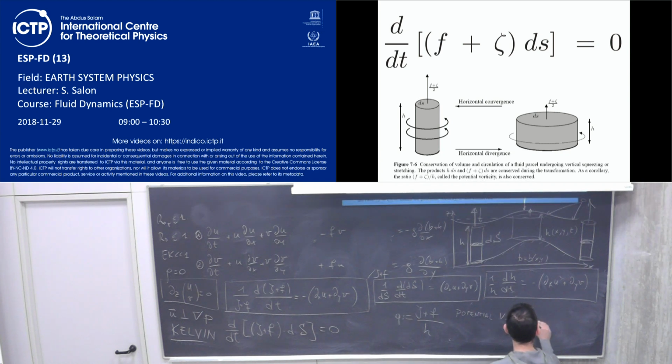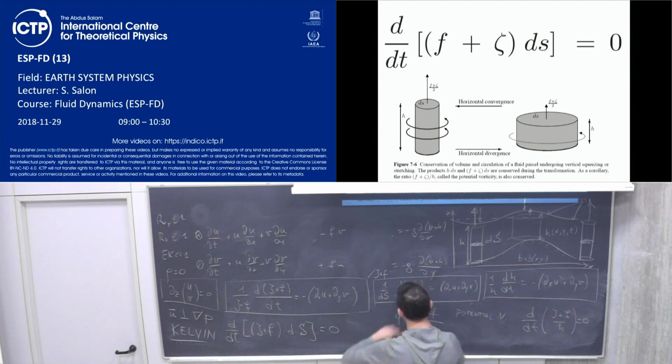So we can say that potential vorticity is conserved because you just take this equation, you make this ratio, and you will find that the ratio is conserved.